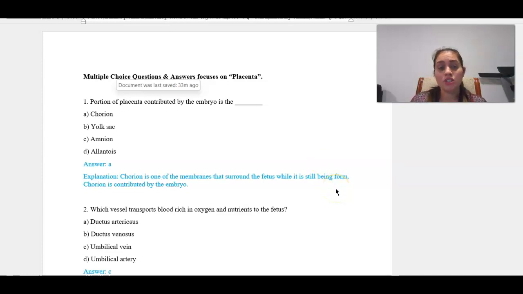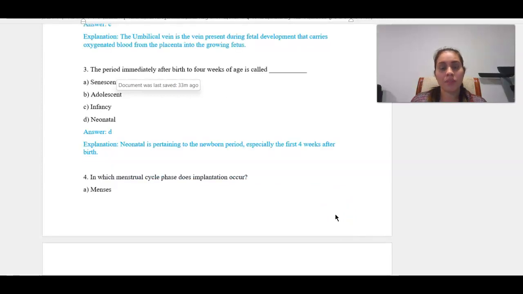The second one is which vessel transports blood rich in oxygen and nutrients to the fetus, and the answer is umbilical vein, because umbilical vein is the vein present during fetal development that carries oxygenated blood from the placenta into the growing fetus. The third question is the period immediately after birth to 4 weeks of age is called neonatal, because it's the newborn period, especially the first 4 weeks after the birth.